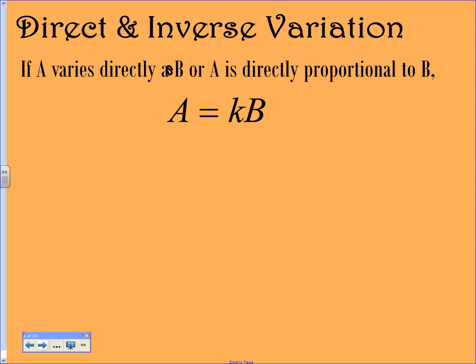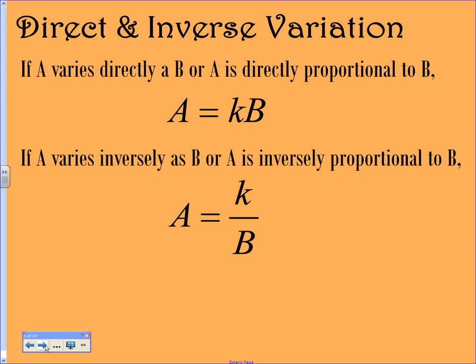A equals K times B. I left off the S on as, and so it was just A. So if A varies directly as B, or if A is directly proportional as B, your equation would be A equals KB. K is just a constant. So if it's directly K times the second one, they get multiplied by each other.